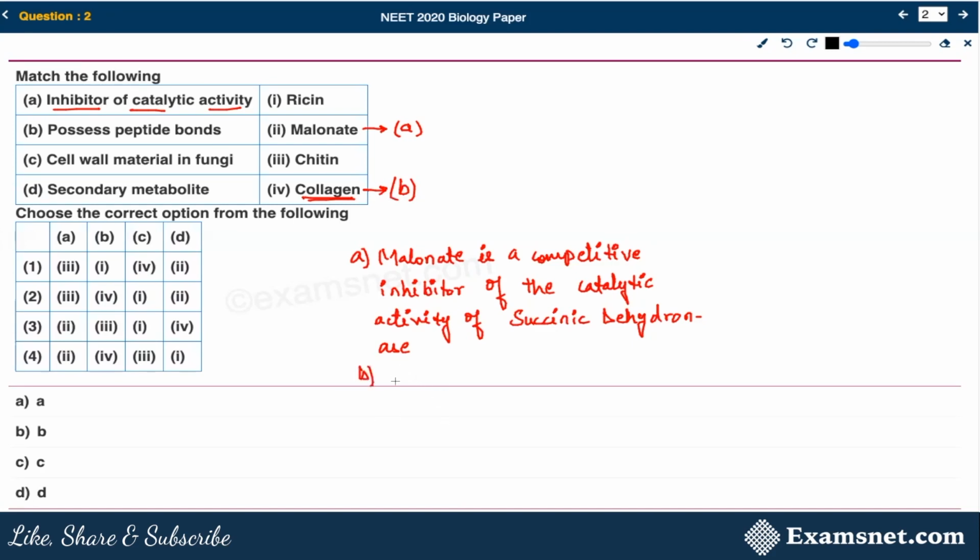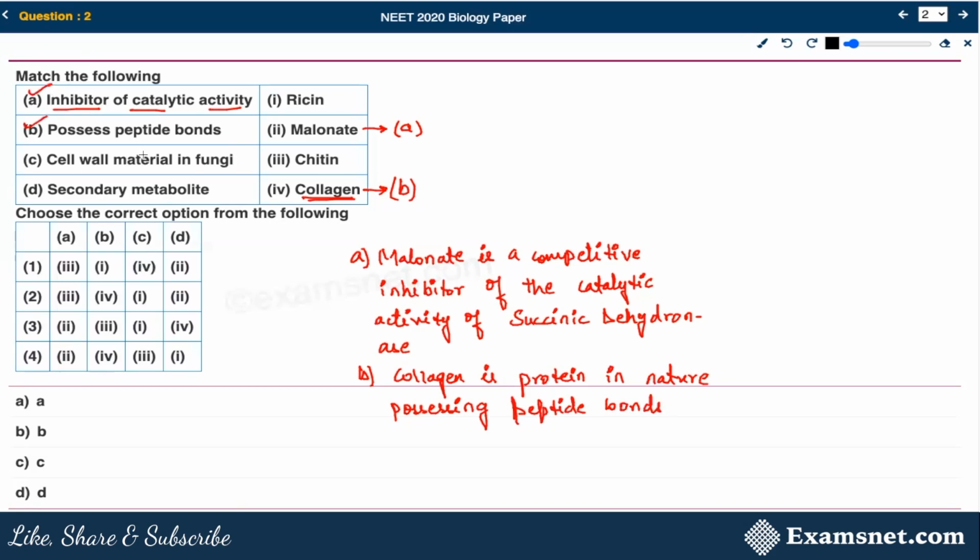So you can say that collagen is protein in nature, possessing peptide bonds. Clear? So two options are already done, this one and this one.